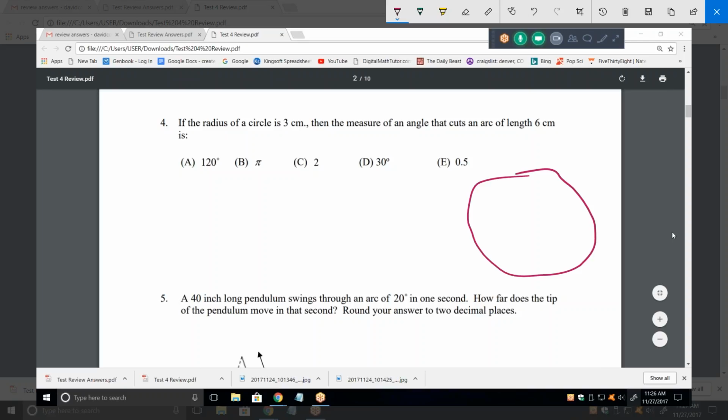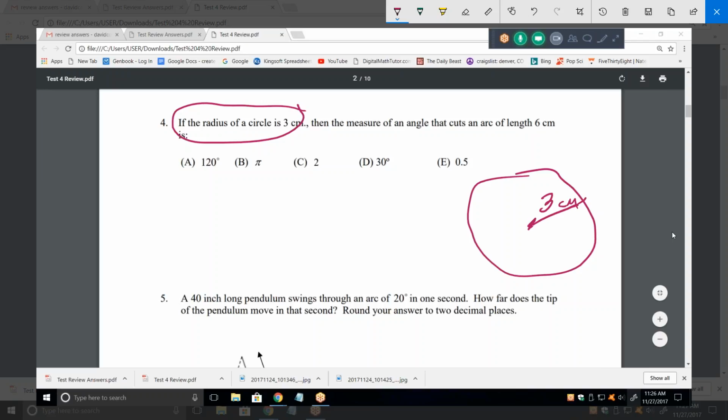I know I'm going to draw a circle from the moment I see that. And I'm going to label everything they've given me as soon as possible.